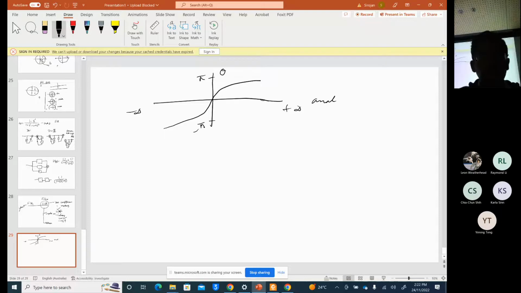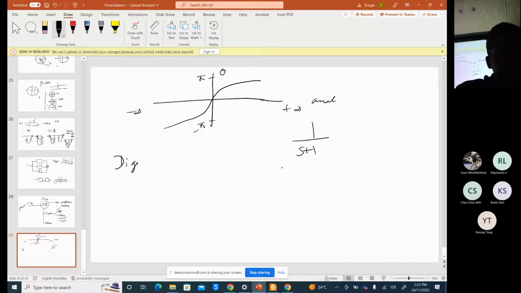To see this warping effect, for example, if you are to design with the bilinear transform a transfer function of S plus 1, and the cutoff frequency is given as a digital frequency, remember this one, digital filter specifications.